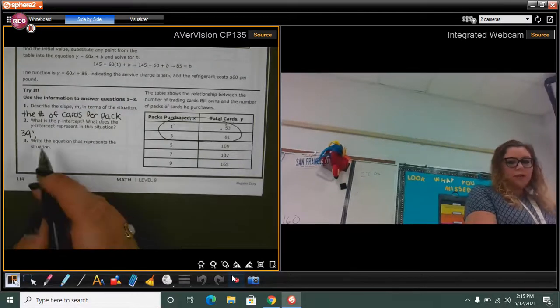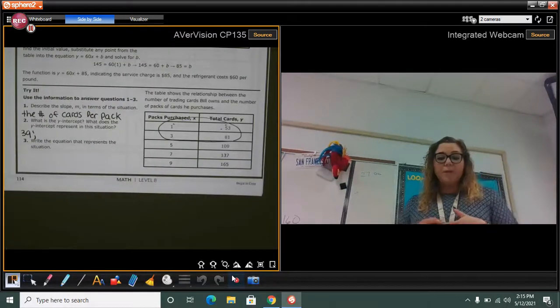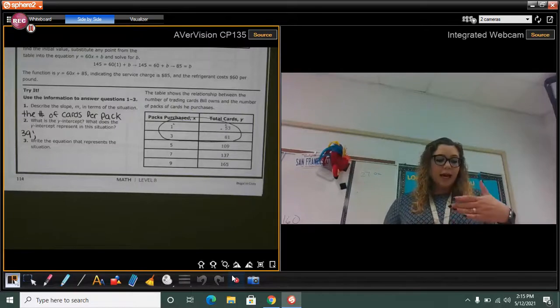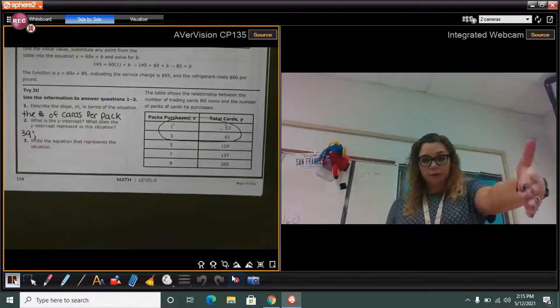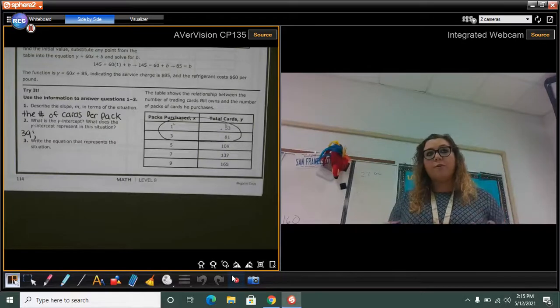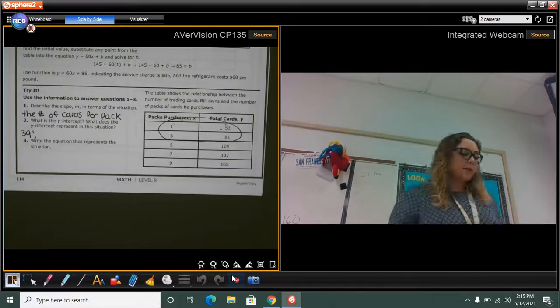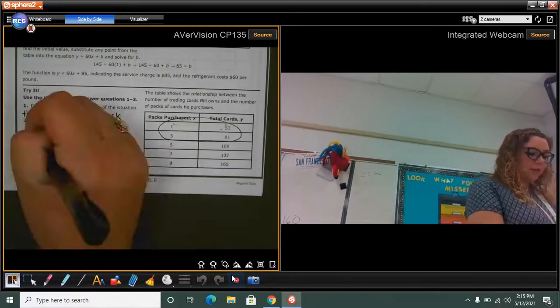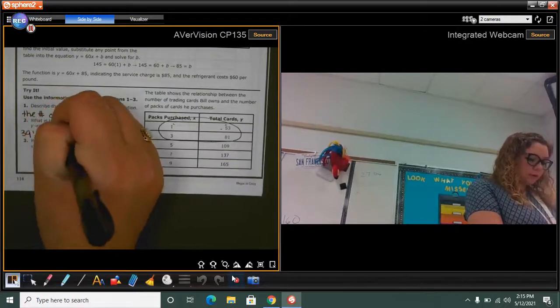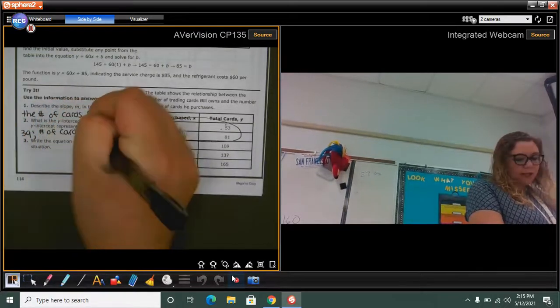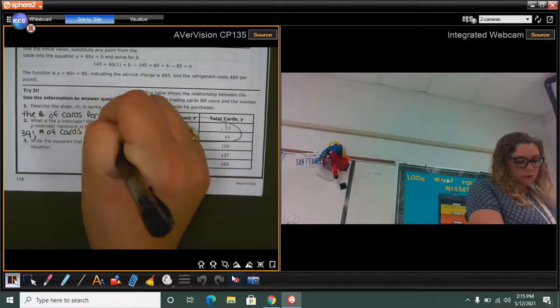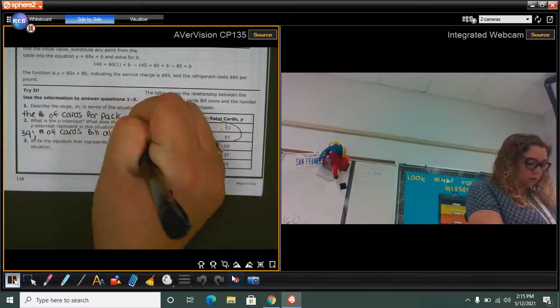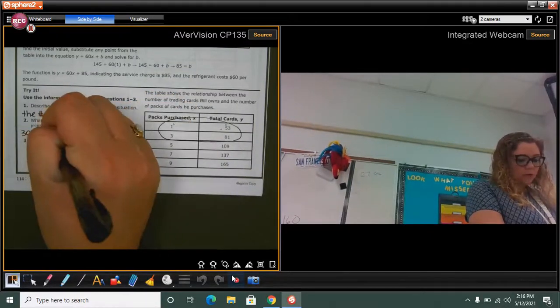Okay, so this represents, okay, he didn't have to purchase anything. Okay, he had these before he started purchasing, because it's his initial amount before he started buying packs. Okay, so 39 is the number of cards Bill already had, or already owns.